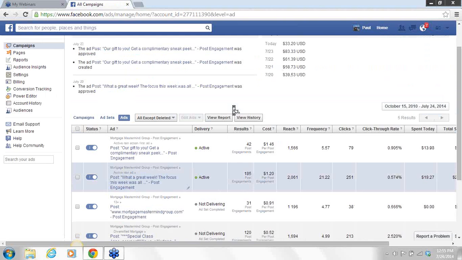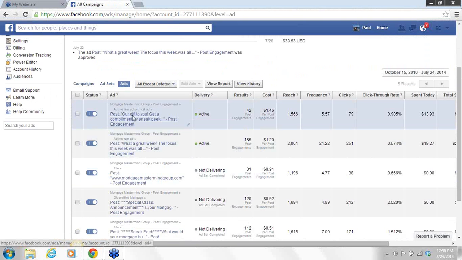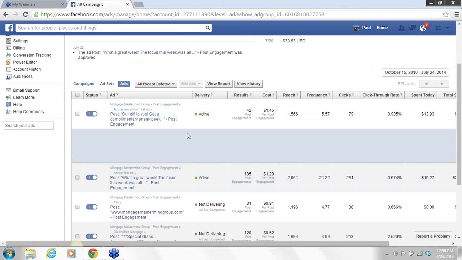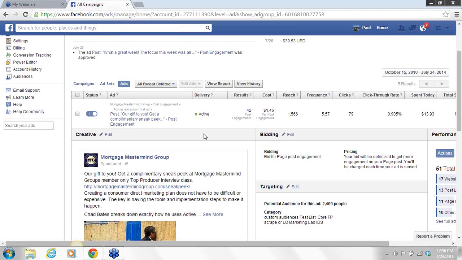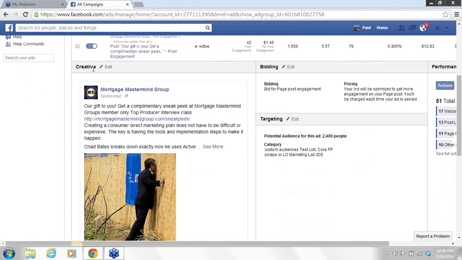If I want to edit this first one, I don't click the edit pencil here. What I do is click on the ad to expand it so I can see what the actual ad looks like. I've got three sections here: creative, bidding, and targeting.